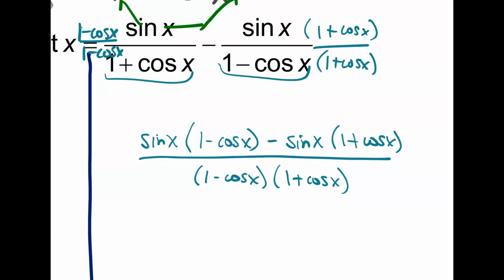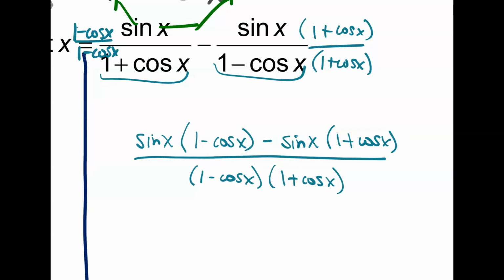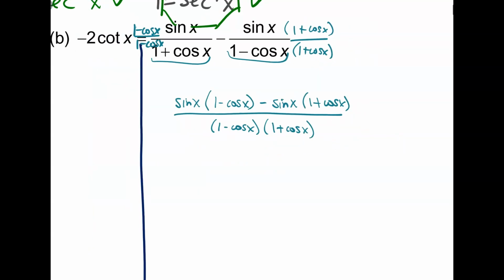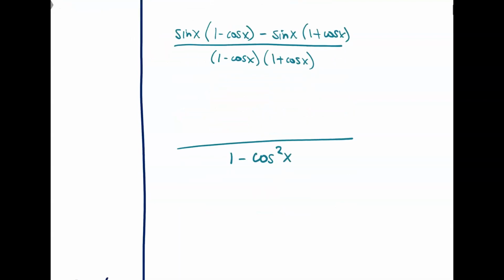But guess what we're about to use on the bottom here? This is a difference of squares on the bottom. So when I multiply the bottom together, I'll have 1 minus cosine squared x. And then the next line is where I'll put sine squared x. So he recognized that this is a difference of squares.